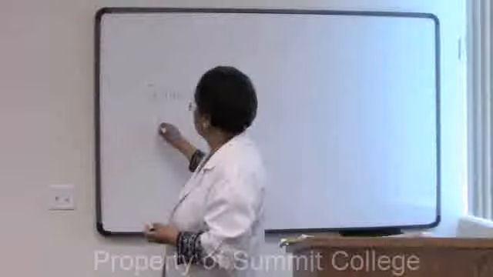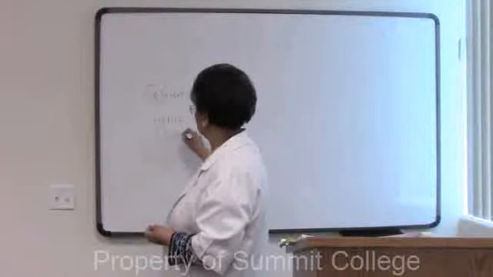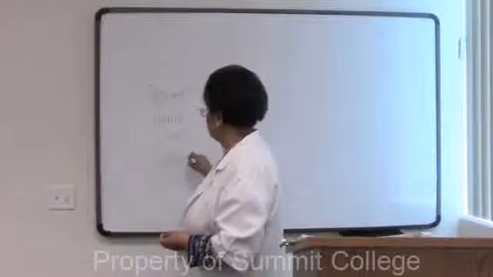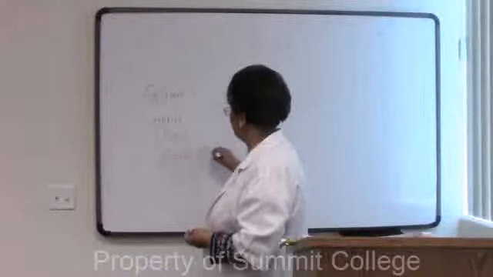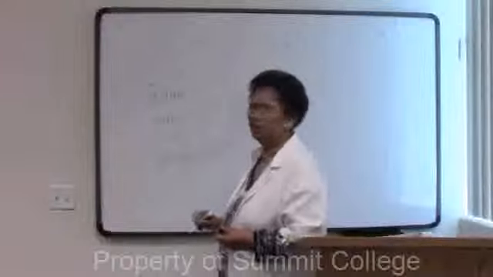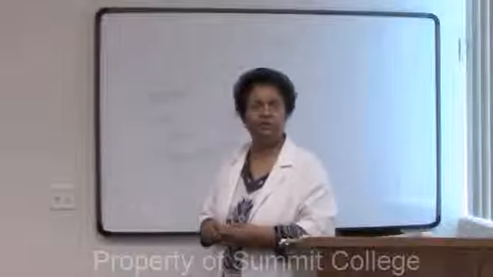I want you to write down tonic clonic seizure. Another word I want you to write down, status epilepticus. Status epilepticus is a long seizure when your patient has. And write down status epilepticus, long seizure.